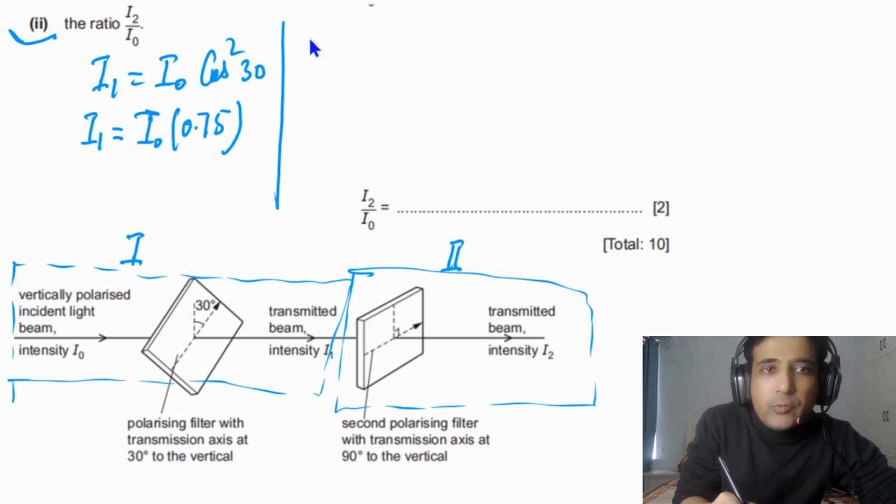And now we can go to the second part. In this case, our incident is I1 and transmitted is I2, so we can again use Malus' law.